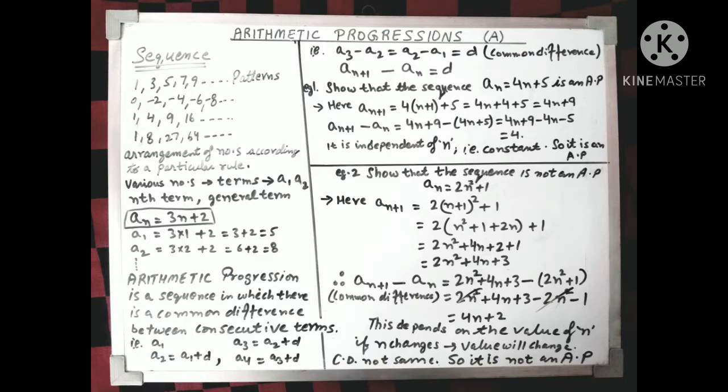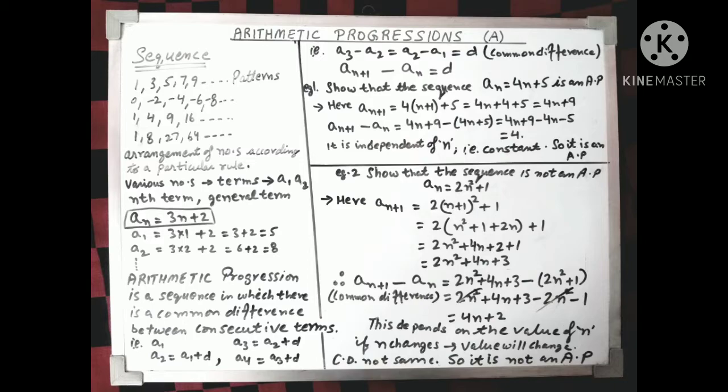And if you see the last one, 1, 8, 27, 64, these are actually the cubes. Cube of 1 is 1, cube of 2 is 8, 2 into 2 into 2. Cube of 3 is 3 into 3 into 3; 3 3s are 9, 3 9s are 27. Then we have the cube of 4.